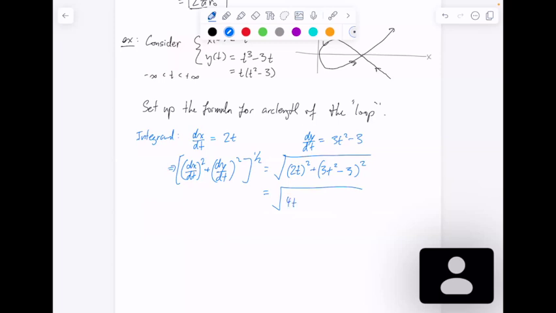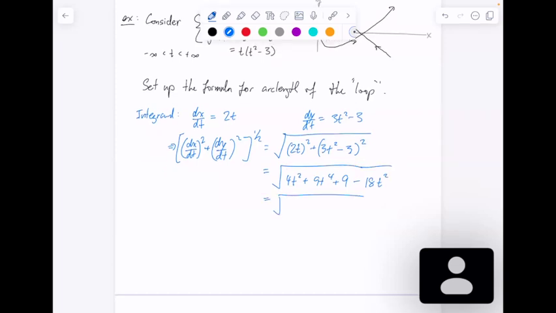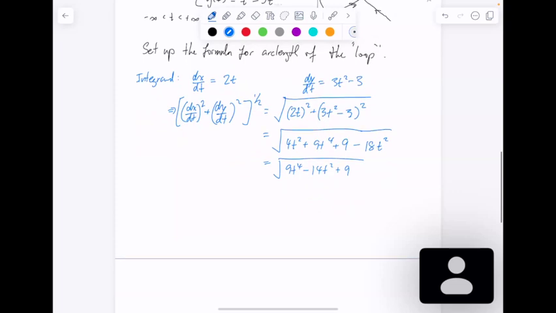So this is 4t squared plus 9t to the fourth plus 9 minus 18t squared, I believe, right? So there's something like 9t to the fourth minus 14t squared plus 9, if I'm not mistaken. Okay, and then you could maybe simplify this further if you want, but let's just leave it at that for now, right? So that's reasonably nice.